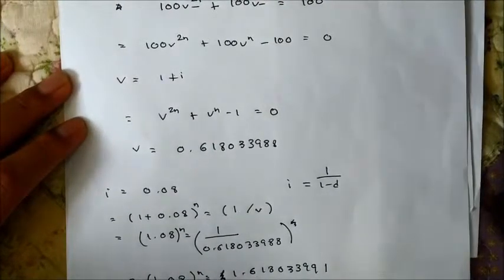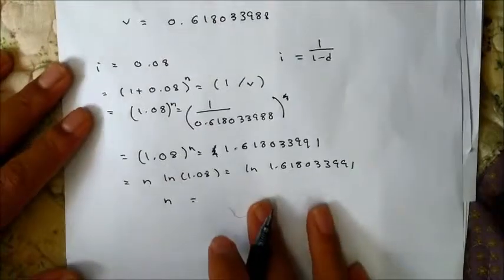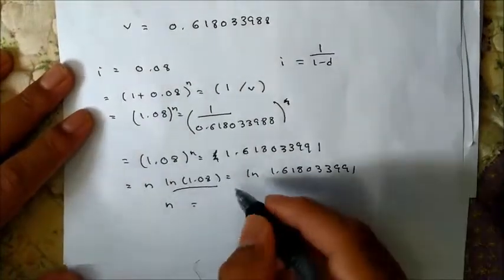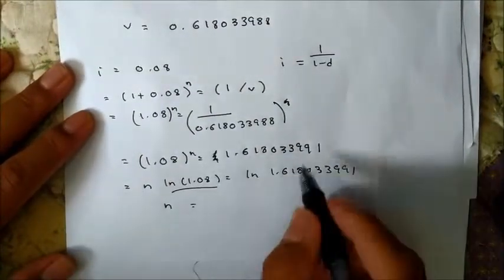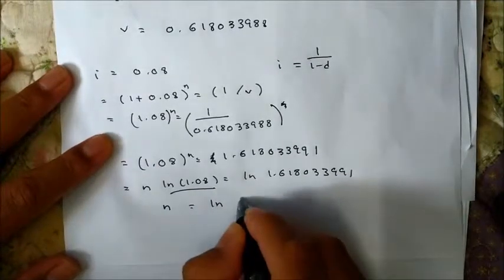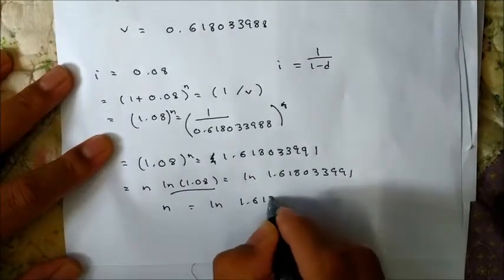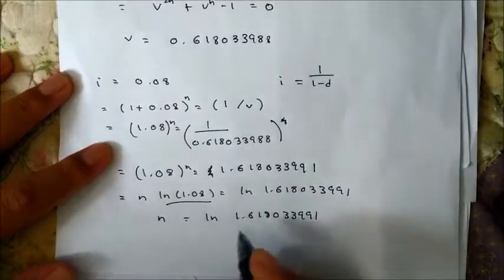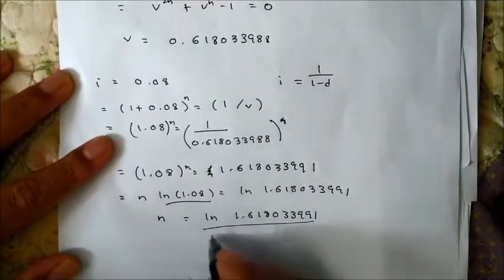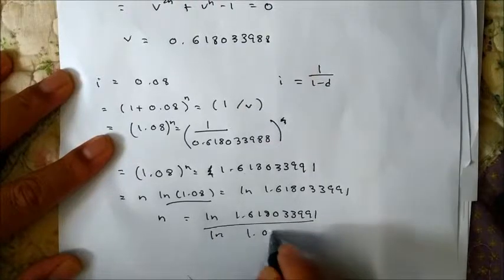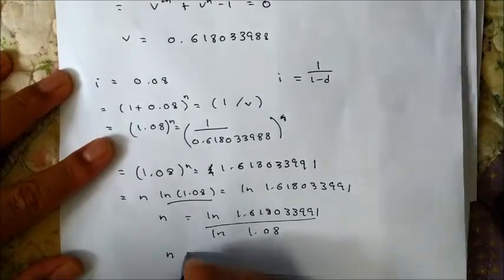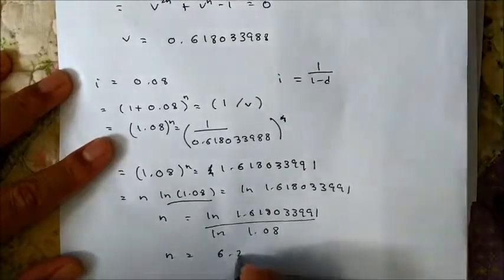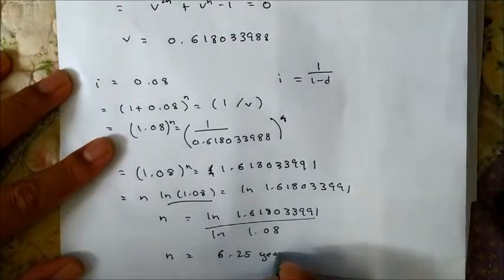So move this ln to the right hand side, we will get ln 1.618033991 over ln 1.08. We'll get n equals 6.25 years.